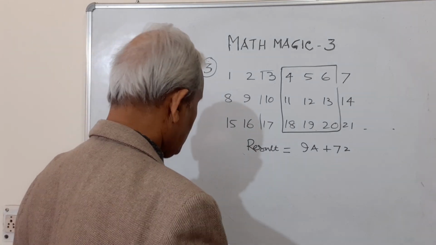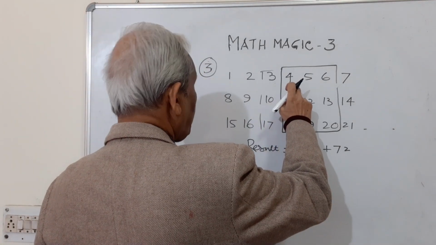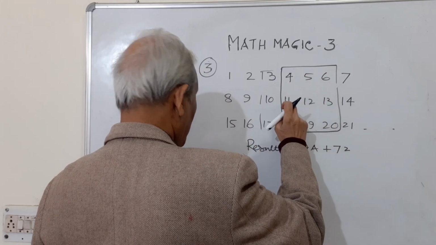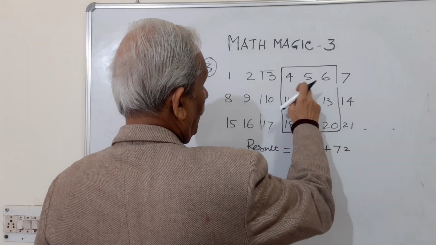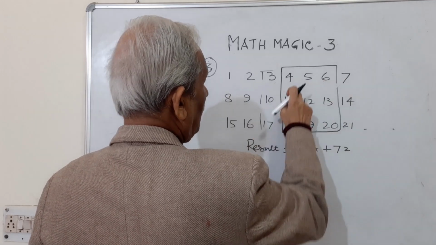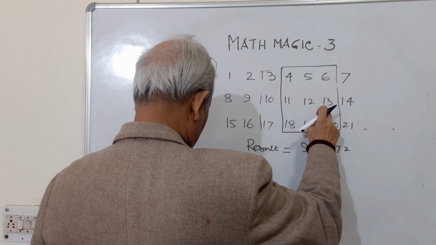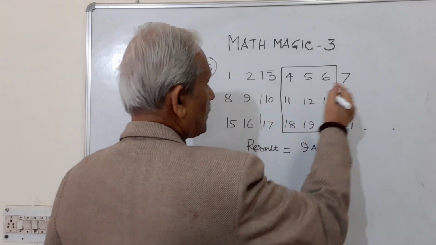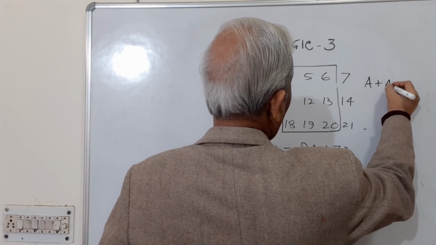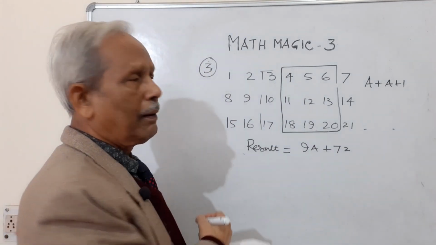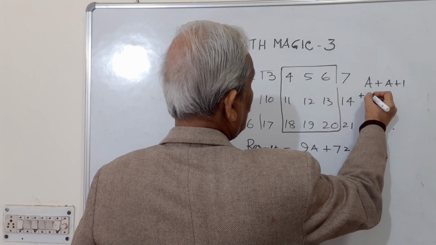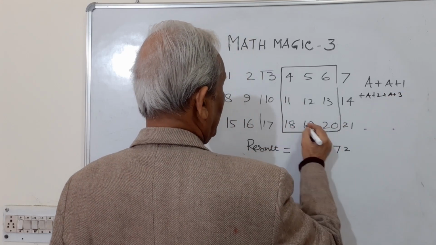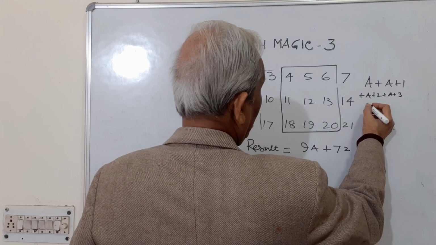This is because if I take this number as a, the next becomes a plus 1, then a plus 2, then a plus 7, a plus 8, a plus 9, and then a plus 14, a plus 15, and a plus 16.